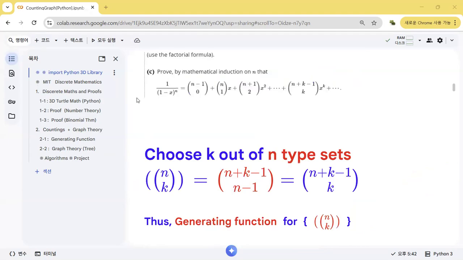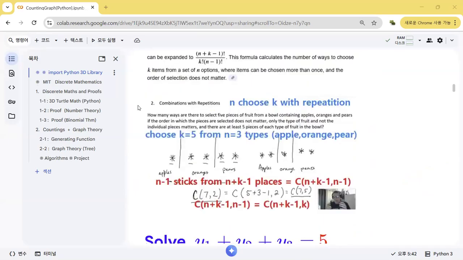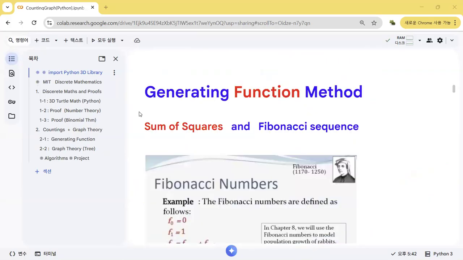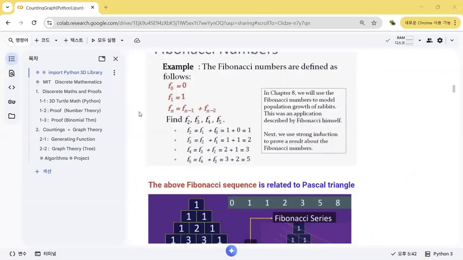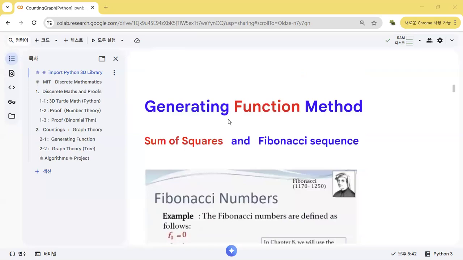So let's go to another Monday quiz problem. A generating function comes out to solve the Fibonacci problem. In fact, in the history of mathematics, the Fibonacci problem is a very famous problem. So in our midterm examination, we approached the Fibonacci number problem using what?